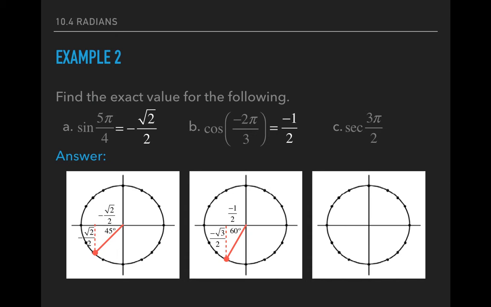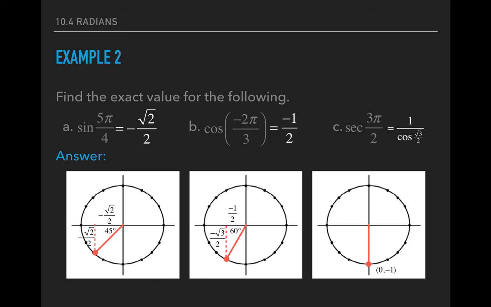All right, lastly, let's do secant of 3 pi over 2. 3 pi over 2 is equivalent to 270. It's one of those quadrant angles. And that point, you can't really sketch a triangle, but the point would be at 0, negative 1, because our radius here is 1. So you went down 1 unit, the y value, but secant is cosine.